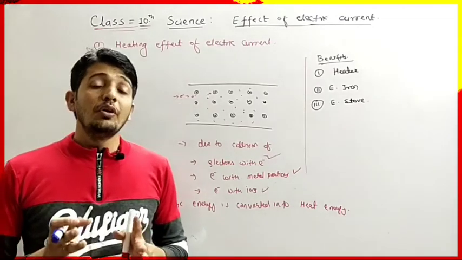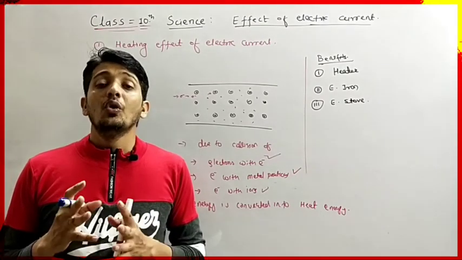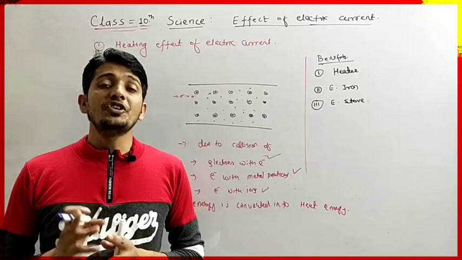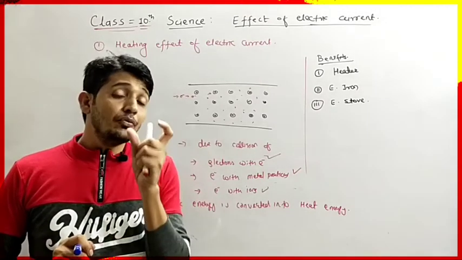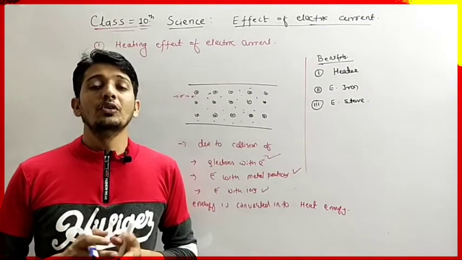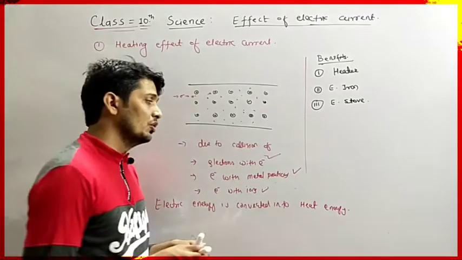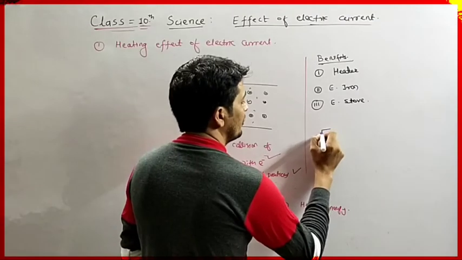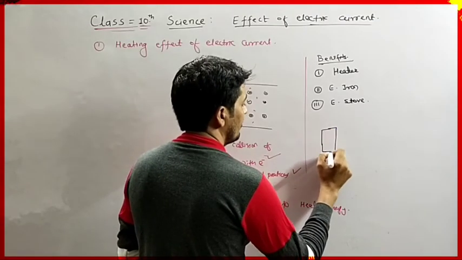Okay, so in our homes, or we can say the domestic electric circuit, a fuse is connected between the supply of electrical energy for the home. Okay, so suppose here we are using the fuse.